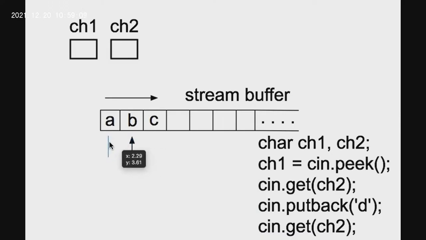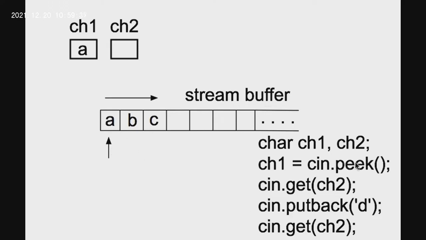With peek, we still will read the character from the buffer into ch1, and so we'll grab the A, but this time it's not removed from the stream buffer. So we did make a copy of the A to store it in ch1, but we didn't move over to read the B next.